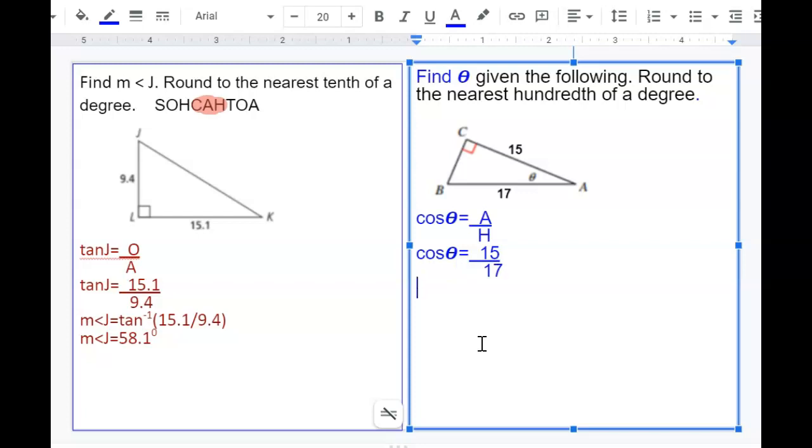And now to get theta, we look for cos inverse of 15/17. So theta would be cos inverse of 15/17. We use the calculator to evaluate that.